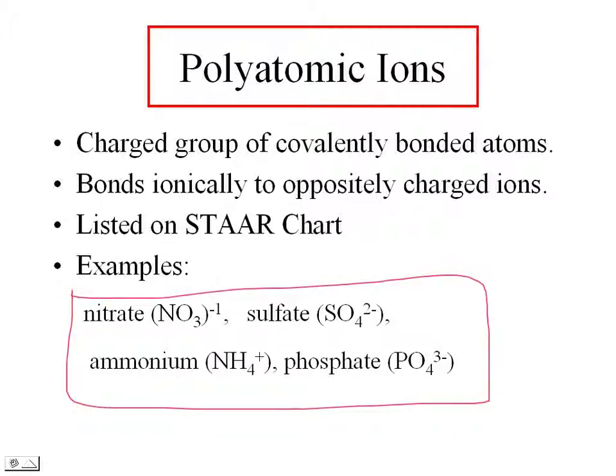They're several elements together that all stay together as an ion, and they'll always have a charge. So when you're naming, if you see something like NO3 -1, you're just going to name that nitrate. You're not going to say nitrogen, 3 oxygens, and a -1. You just call it nitrate. So look on your star chart and try to become familiar with those when you're naming ionic compounds.